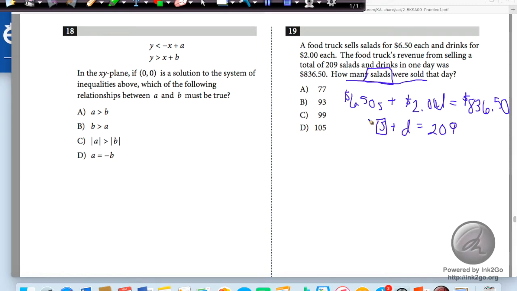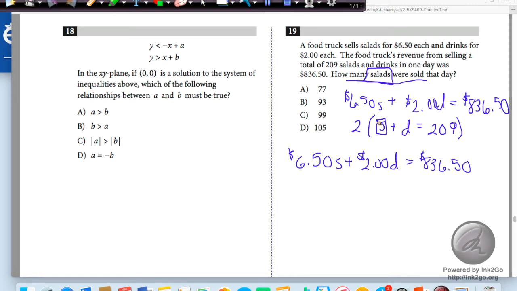And the best way to eliminate D is to take the bottom equation and multiply that by 2. But first I'm going to stack the equation, to make it a little neater for you. So that way it's 6.50S plus 2D equals 836.50.